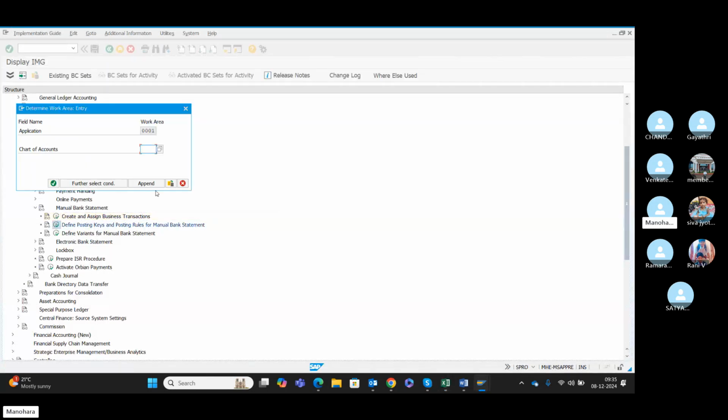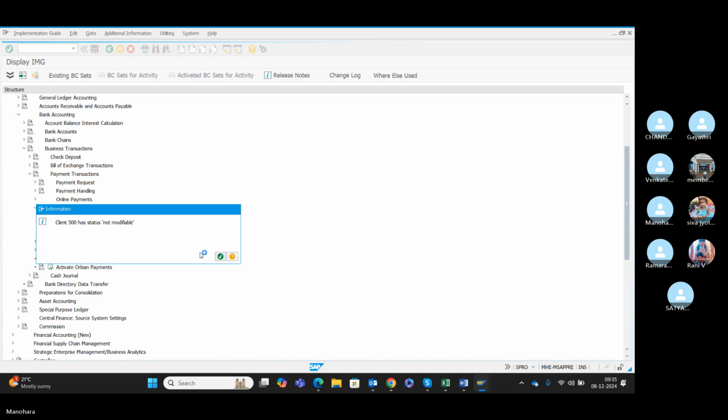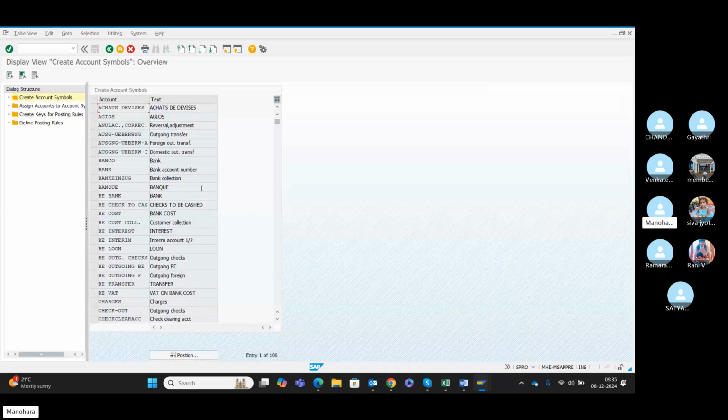Whenever you perform this, it is not at company code level. This is chart of account level. If somebody asks you tomorrow morning at which level your BRS is happening, you need to tell them it's happening at chart of account level, right? Here it is not asking for any company codes, it is asking only for chart of account.